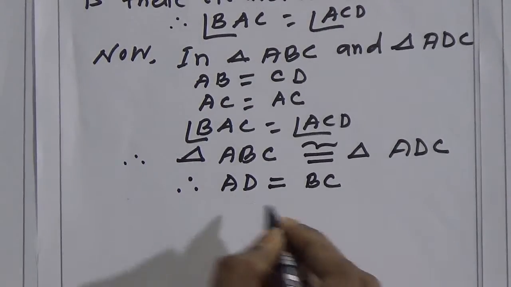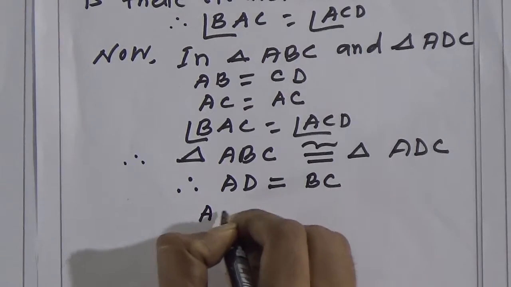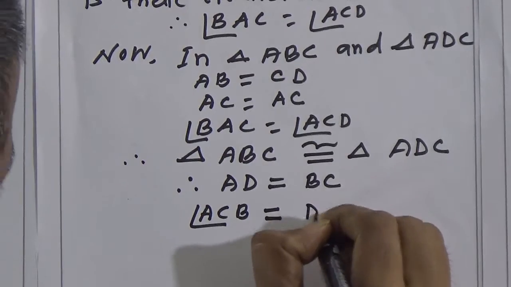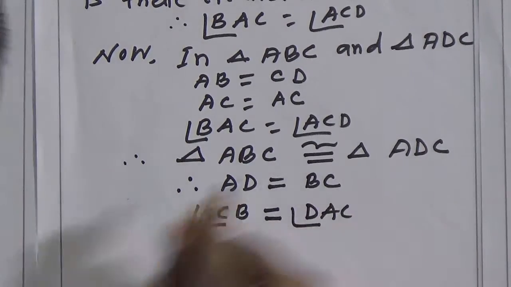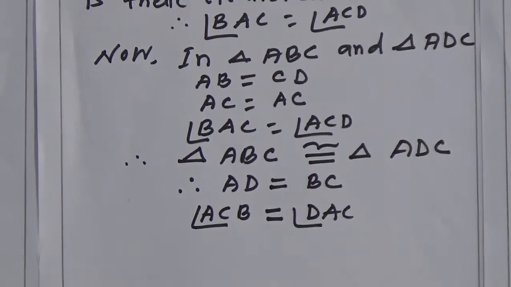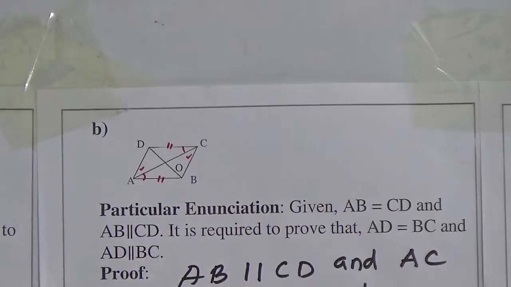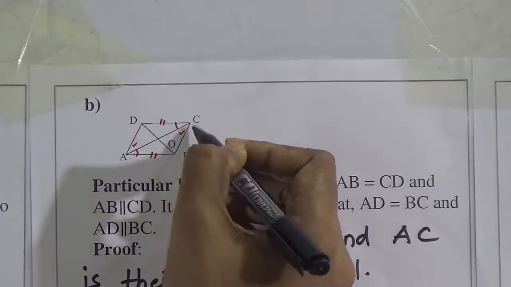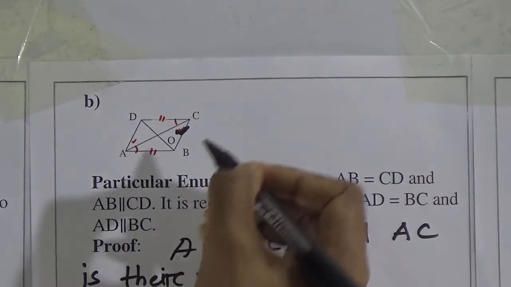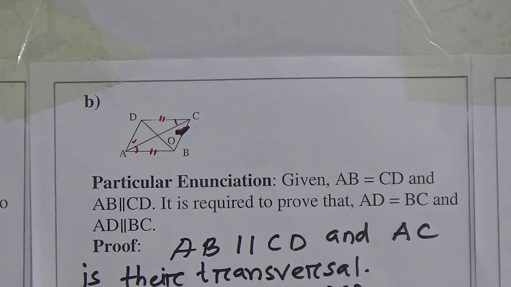Similarly, we can say ACB equal to DAC, as ABC and ADC triangles are congruent. So we can say easily that AD equal to BC, and angle ACB equal to angle DAC.